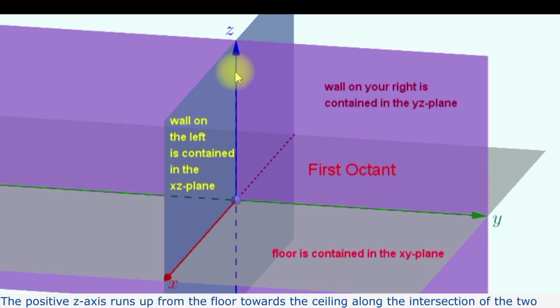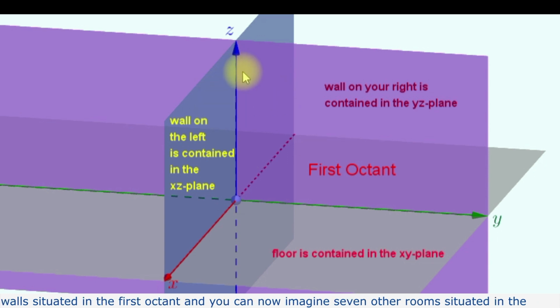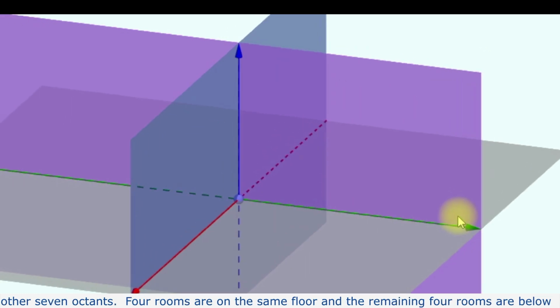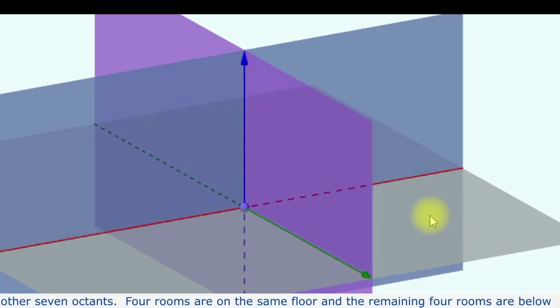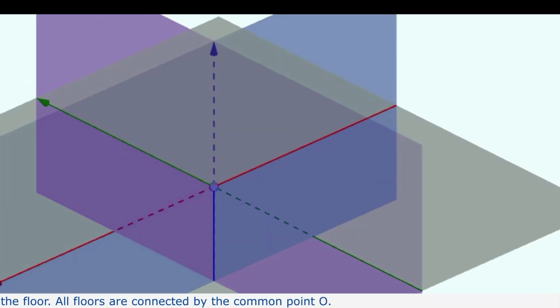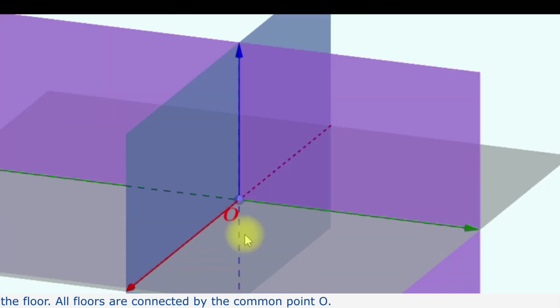The positive z-axis runs up from the floor towards the ceiling along the intersection of the two walls situated in the first octant, and you can now imagine 7 other rooms situated in the other 7 octants. 4 rooms are situated on the same floor. The other 4 rooms are situated below the floor. All floors are connected by the common point O.